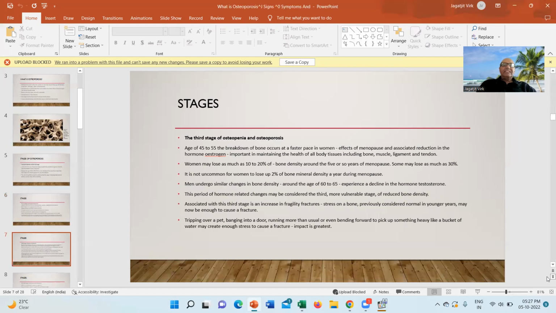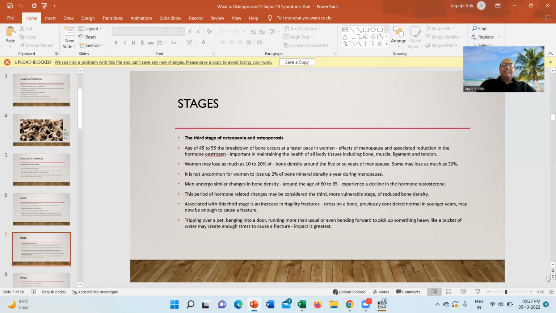The third stage of osteopenia and osteoporosis, age 45 to 55: the breakdown of bone occurs at a faster pace in women. Effects of menopause are there, and the associated reduction in the hormone estrogen levels.